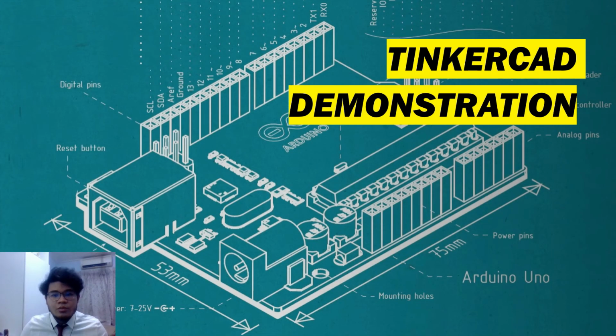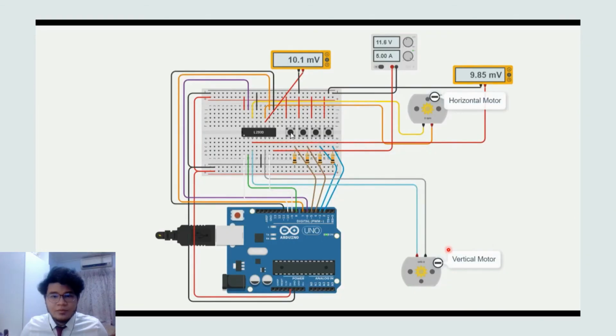So the Tinkercad demonstration. Let's try to play. Okay, never mind. For this, as you can see, there are four buttons. There will be 2 buttons for every motor.